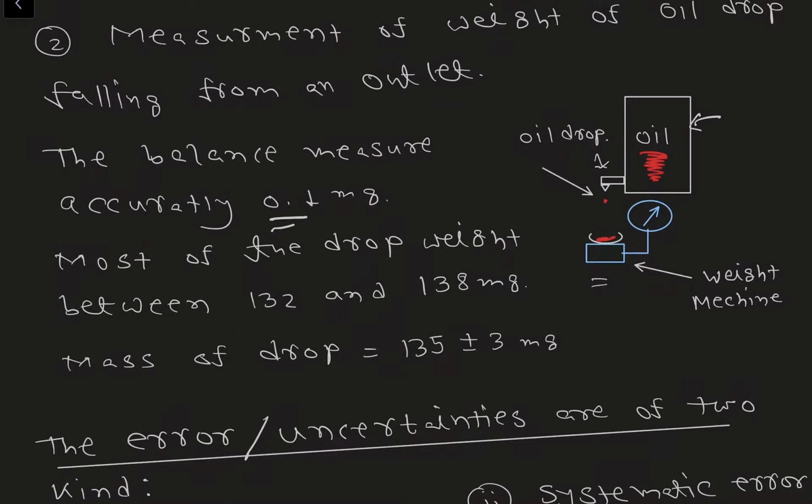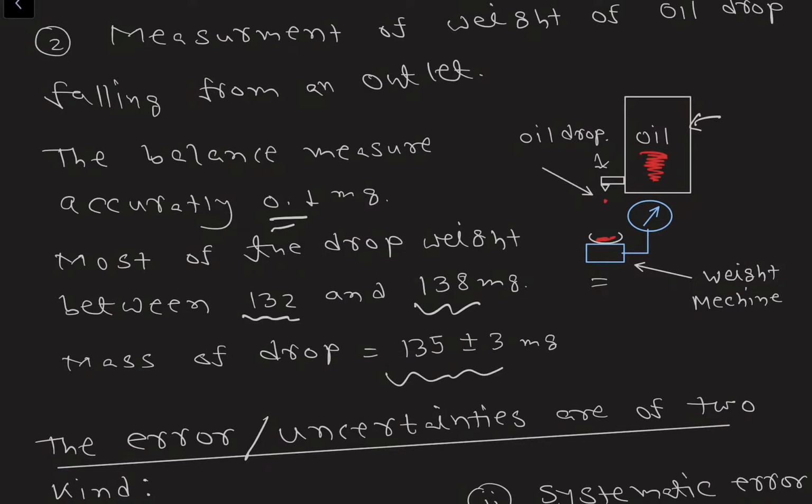So we collect some 100 or 200 droplets, and measure all their weights. It is coming out that most of the droplets have a weight between 132 to 138 milligram.